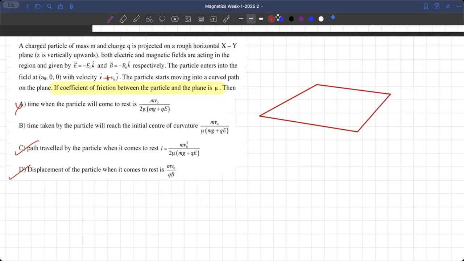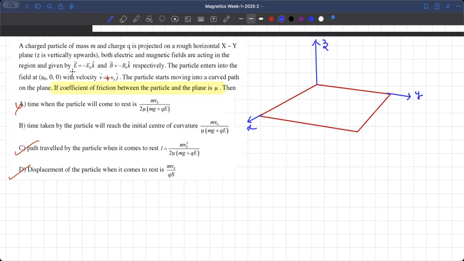This is Z. Obviously, this one should be X and this one should be Y, because i cap cross j cap is k cap. Both electric and magnetic fields are acting in the region.